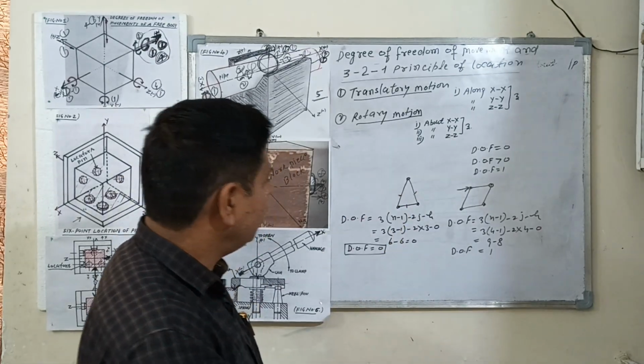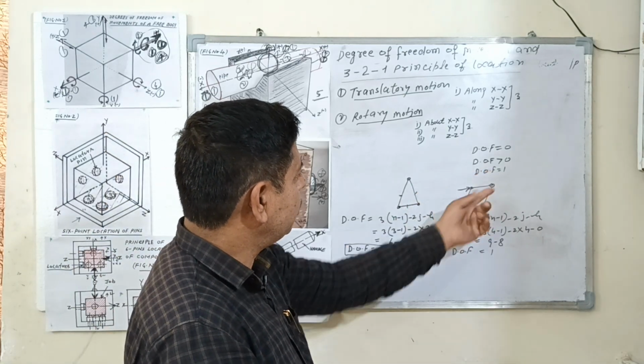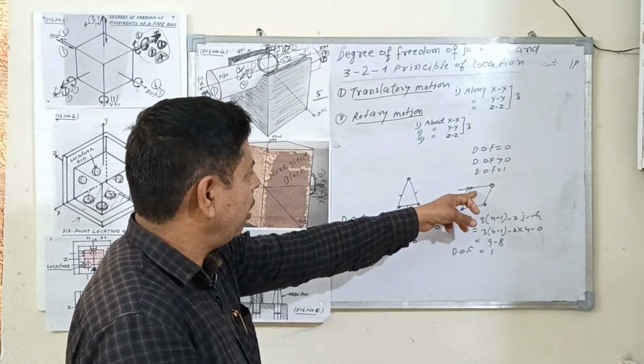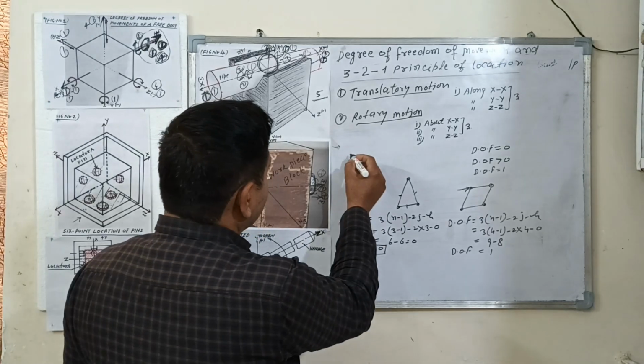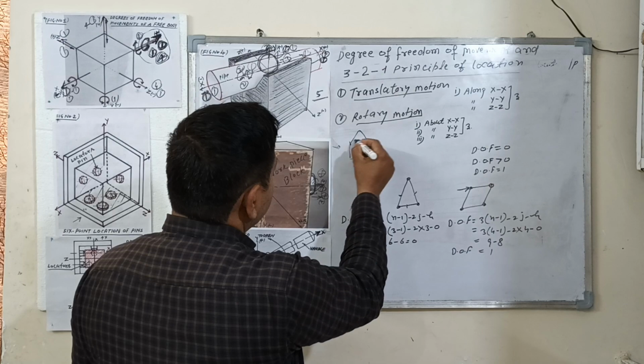There is no motion in it. So in this case, degree of freedom means the one point is here, the force is applied here to give the relative motion.